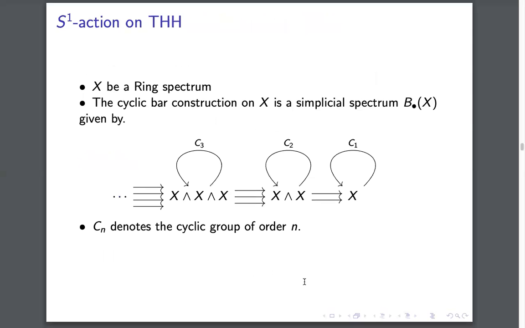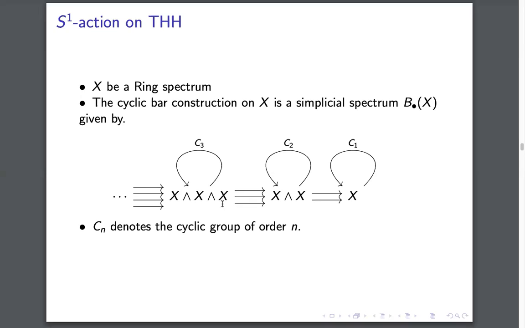Okay, there's more structure on THH. One can apply a cyclic permutation of order n in simplicial degree n-1. This says that there is a C_1 action in degree 0, which means no action, a C_2 action in simplicial degree 1, which is given by switching these factors, and a C_3 action given by the cyclic permutation of order 3, by switching the elements to the right and then the last one to the front, as I was telling you.